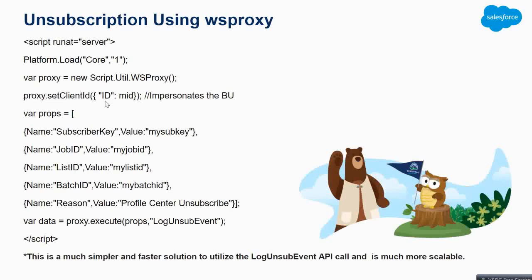If you set a particular business unit, this is optional. If you set it, then for that particular MID, the user will get unsubscribed. So this is much simpler and faster also.